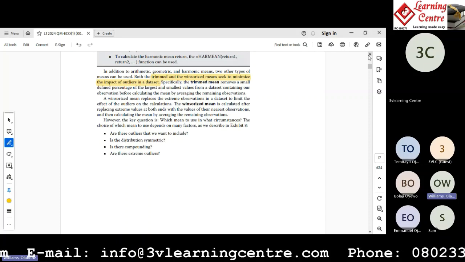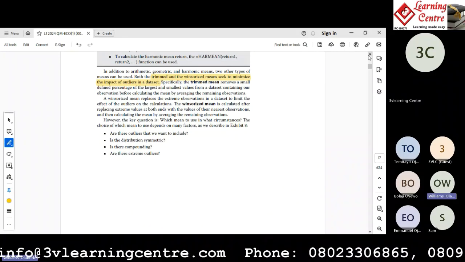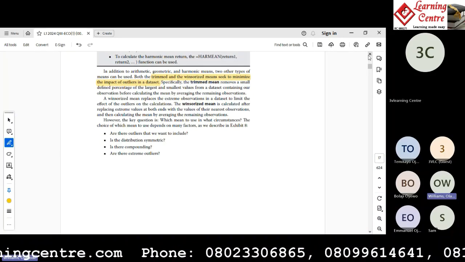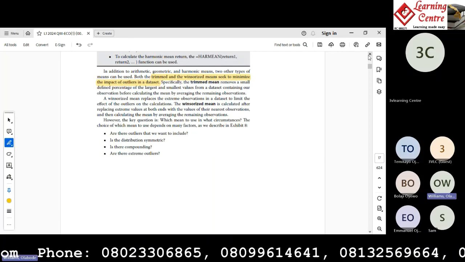In a winsorized mean, I will change the 1 to 2, and I will change the 600 to 50, the value of the next one, because 600 is the outlier.